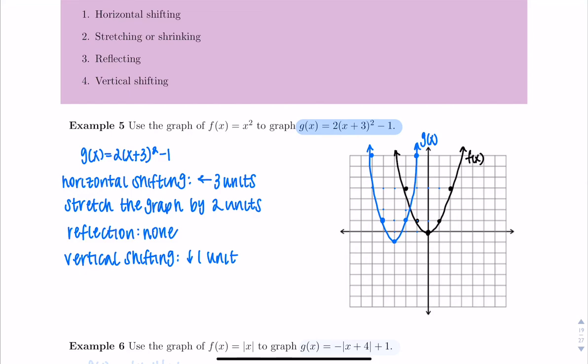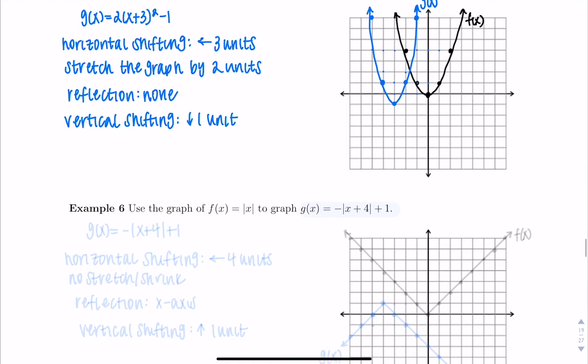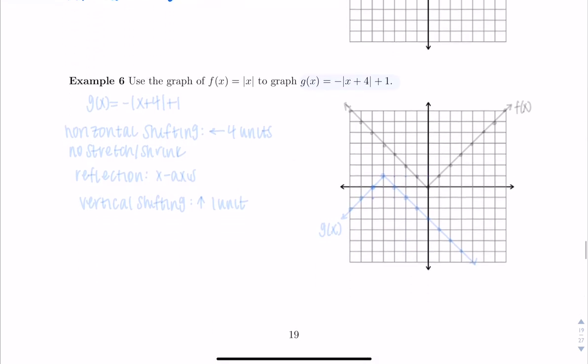All right, let's do one more. So we're going to use the absolute value graph so that we can find g of x. So let's go ahead and plot the absolute value graph, which is the v graph.